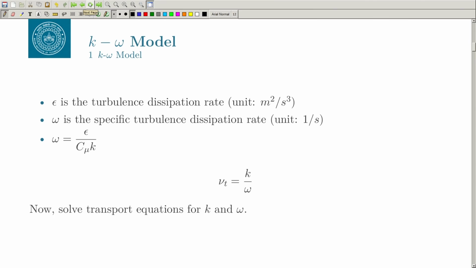Okay. So, as we know, we need two quantities to model this eddy viscosity or the turbulent viscosity.